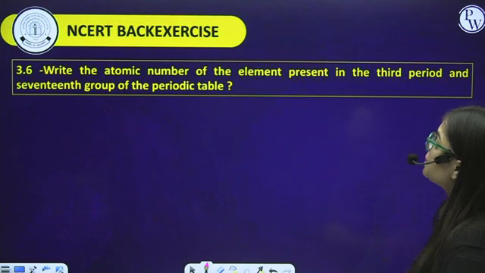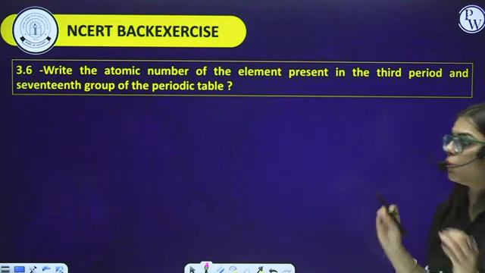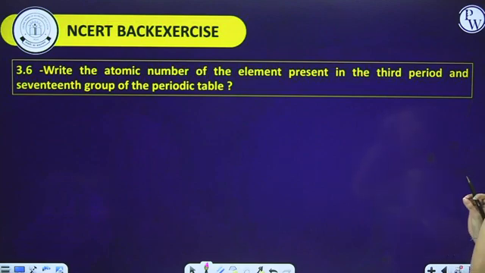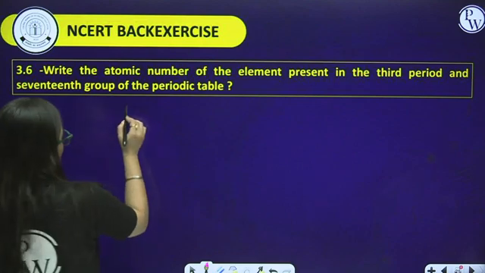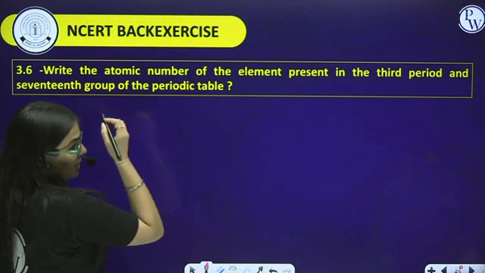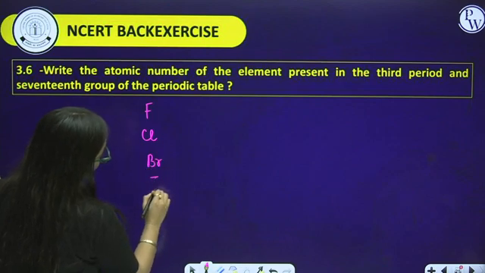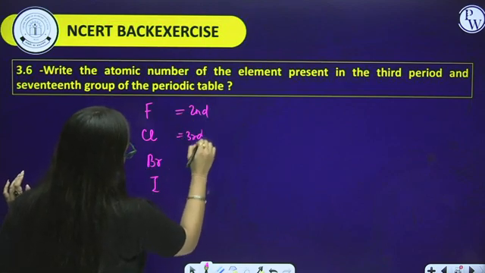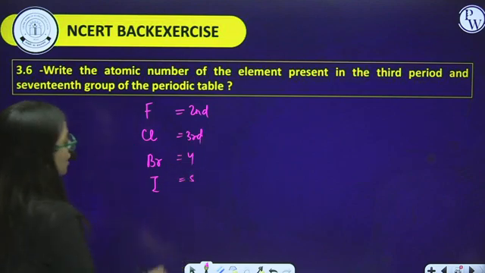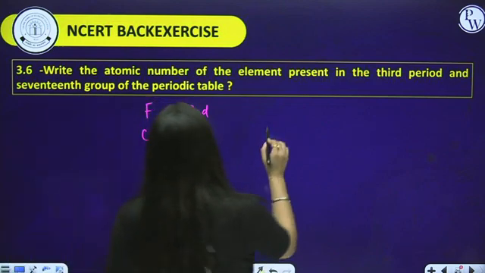Next, write the atomic number of the element present in the third period and the 17th group of the periodic table. 17th group. So what are the 17th group elements, if you remember? Yes, anybody? This one lies under the second period, this under the third, this under the fourth, and this under the fifth. So third period, 17th group is chlorine.